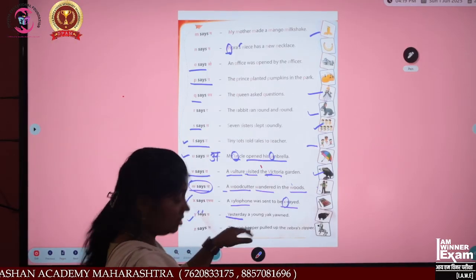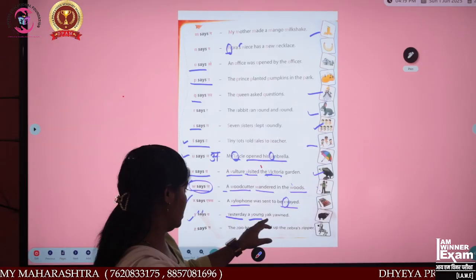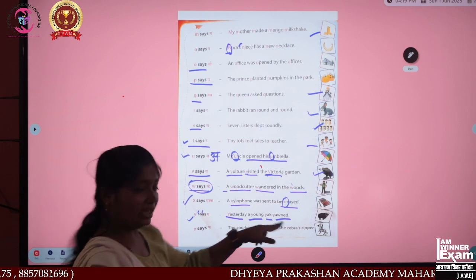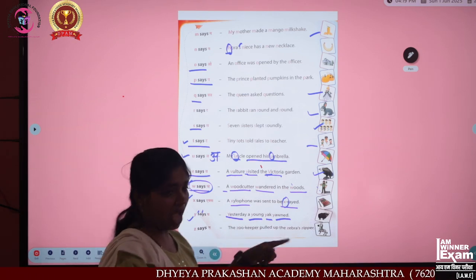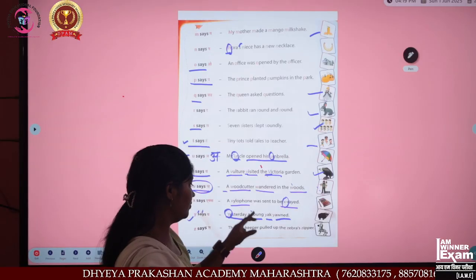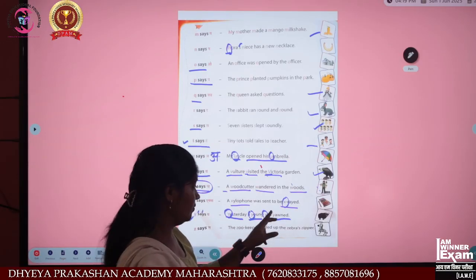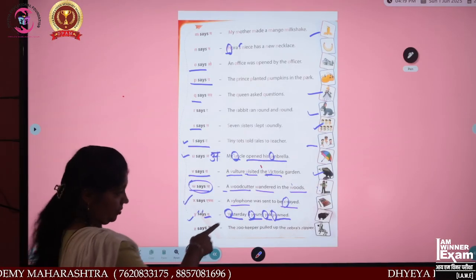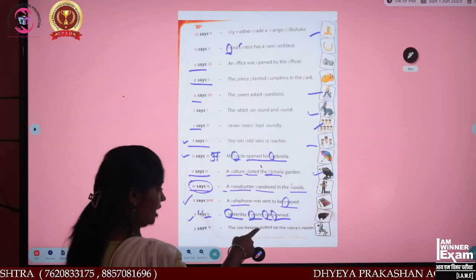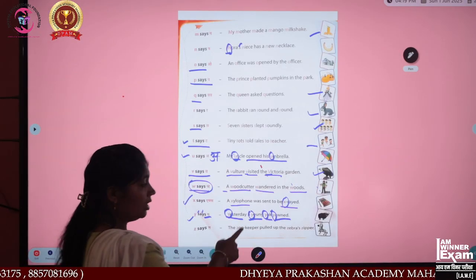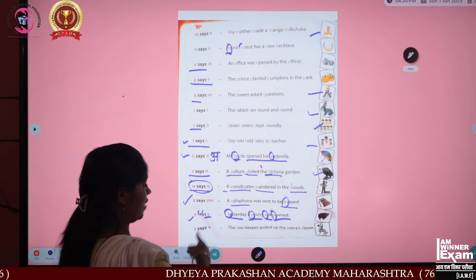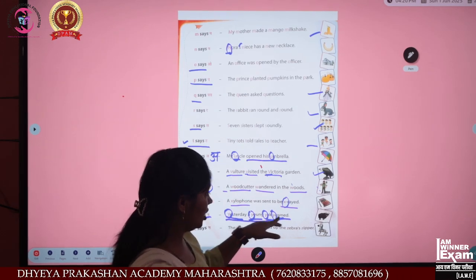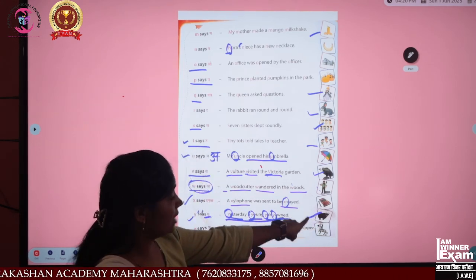Y says Y. Yesterday a young yak yawned. This picture is yak.